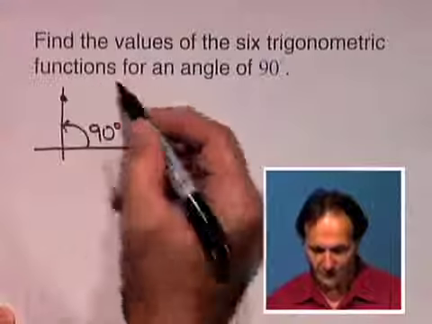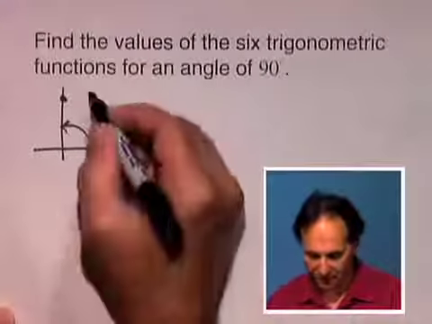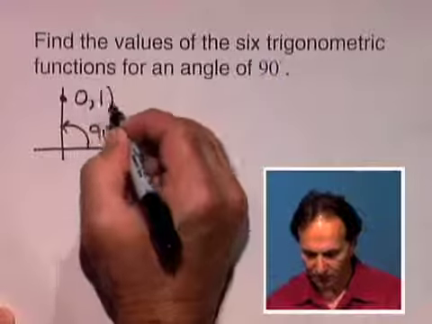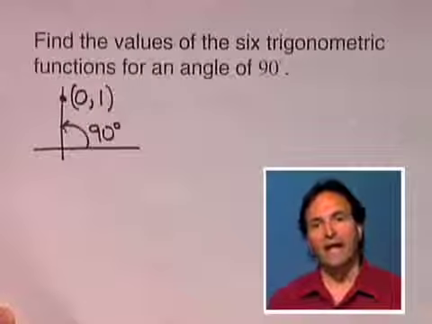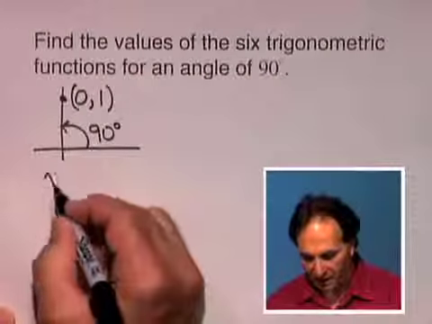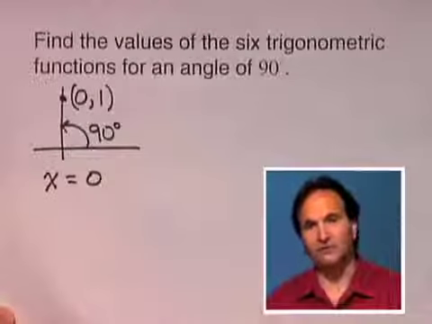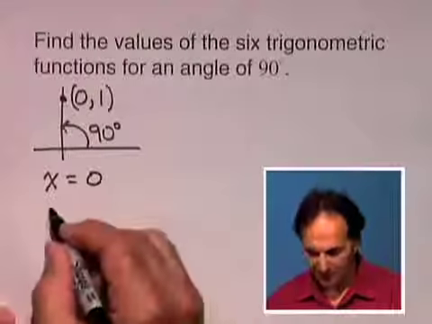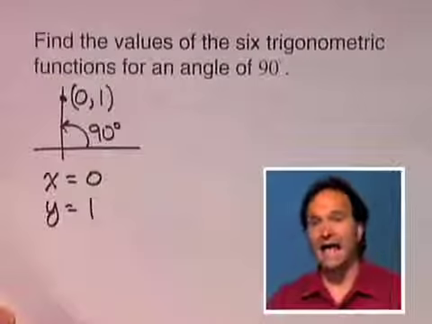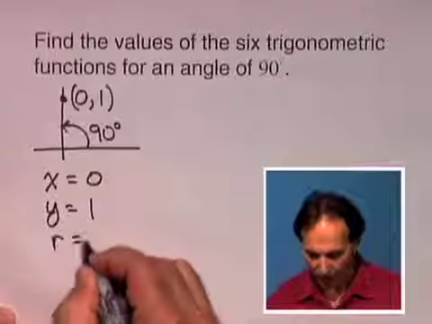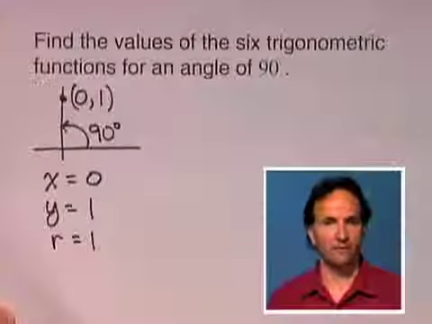And we can select a point, for example, 0, 1. And now we know that x would be equal to 0, y would be equal to 1, and r would also be equal to 1.